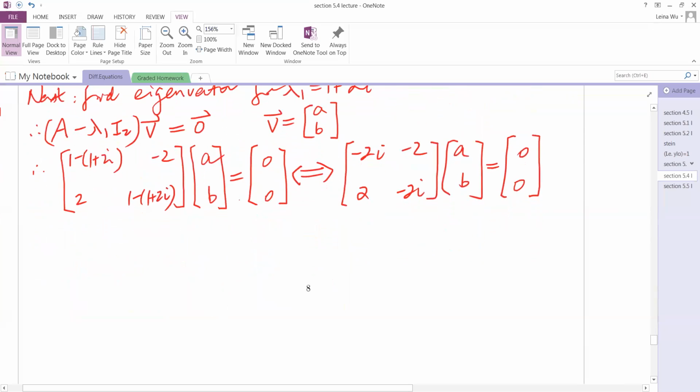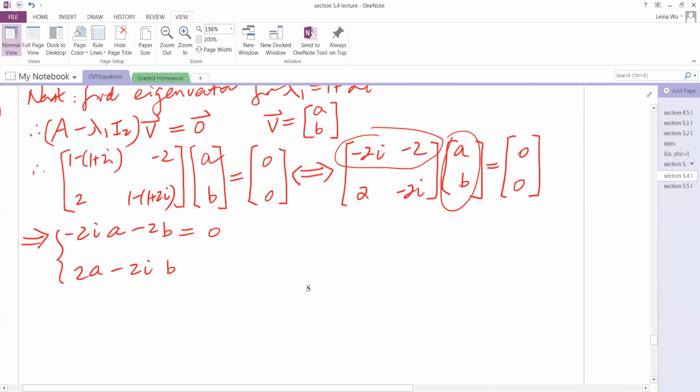All right, let's go ahead and do matrix multiplication. Okay, so this row times this column: negative 2i a minus 2b equals 0. And second, we have 2a minus 2i times b equals 0.